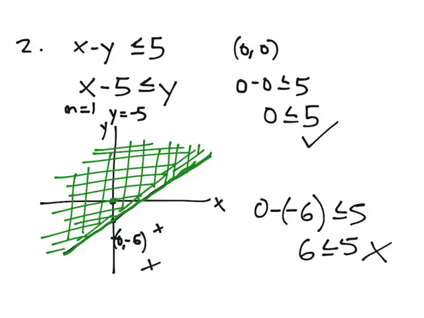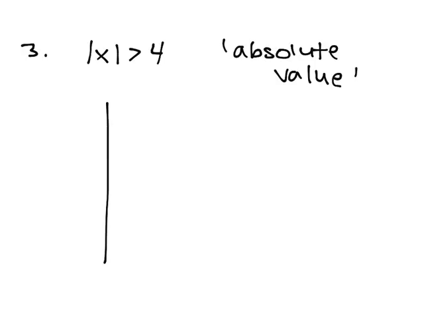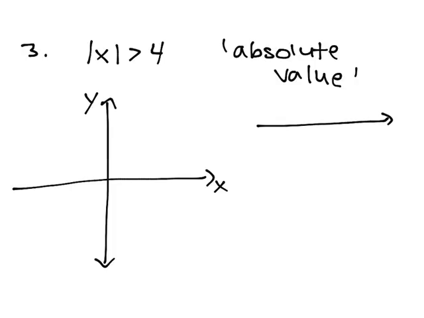Let's try one more problem. Here we have the absolute value of x is greater than or equal to 4. We're going to get an interesting graph for this one. What is absolute value? To recap, we call the absolute value of a number its distance from 0 on the number line.